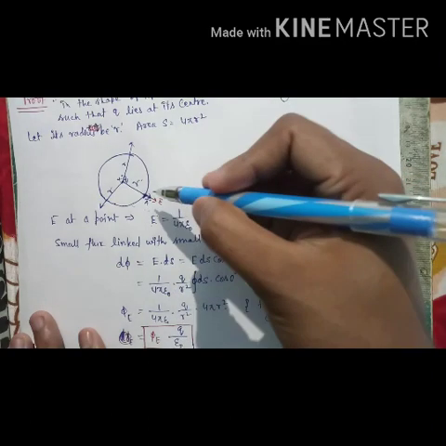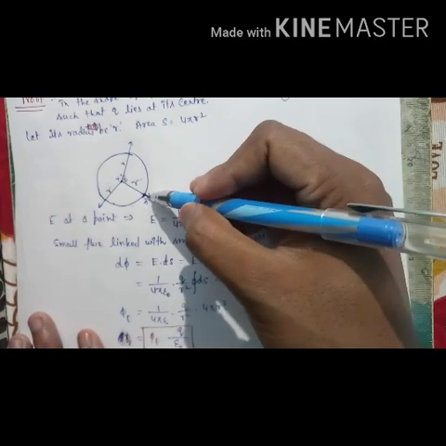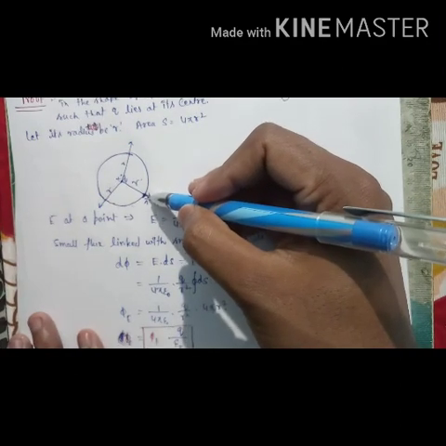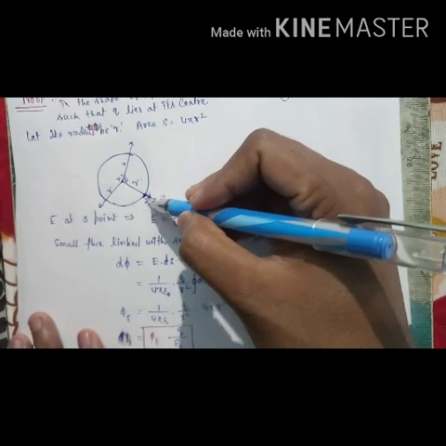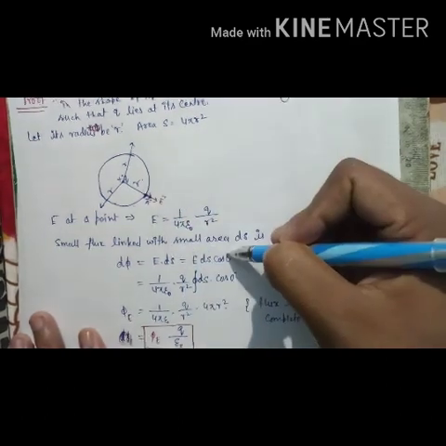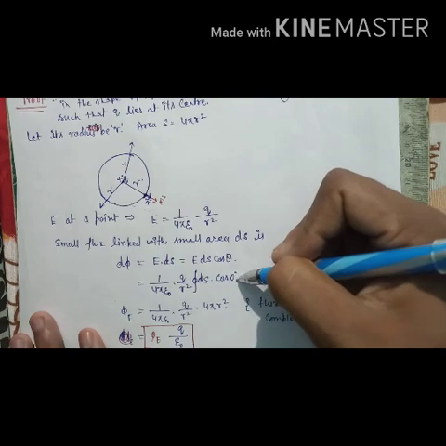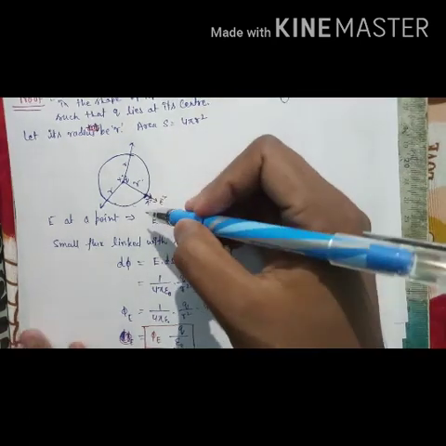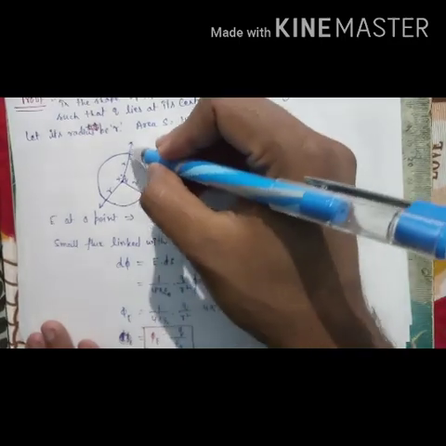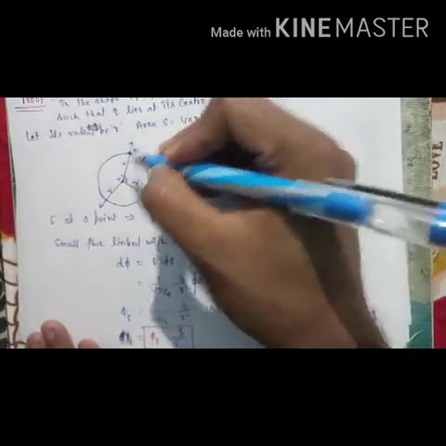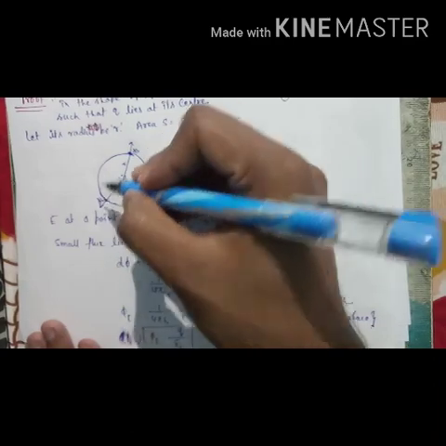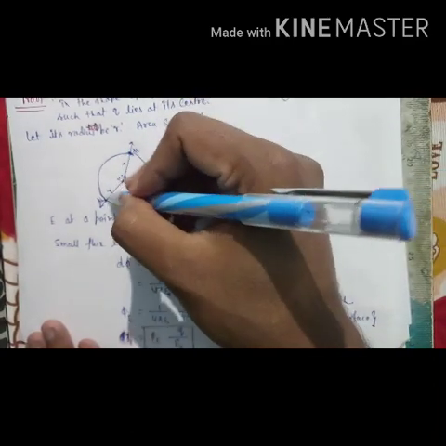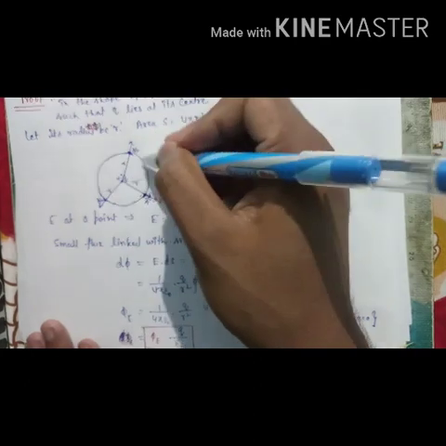Now here the angle between the electric field and area vector is 0 degree, so we have theta is equal to 0. Now we have cos 0, and ds. Here is one ds, here will be another ds, and so many ds we consider on this surface.